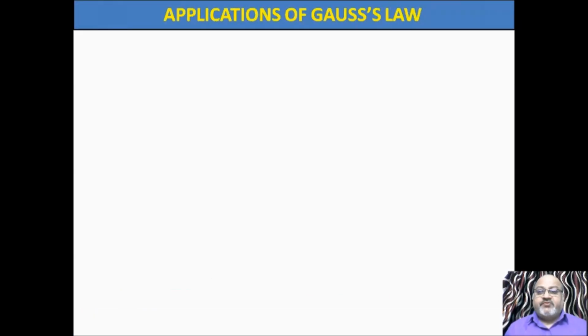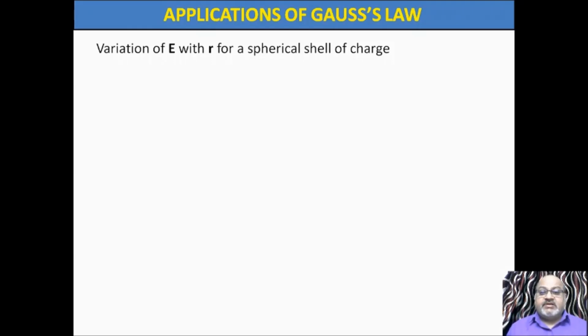Now let us move further. Let us understand variation of electric field intensity with the distance from the uniformly charged spherical surface. That is variation of capital E with small r. We draw a graph here. We take small r on the x-axis and electric field intensity on the y-axis.